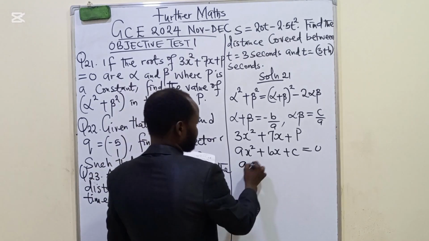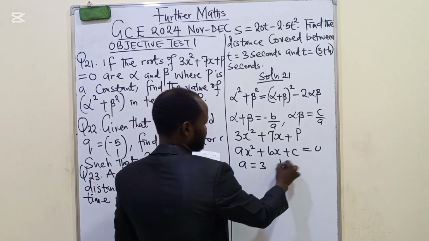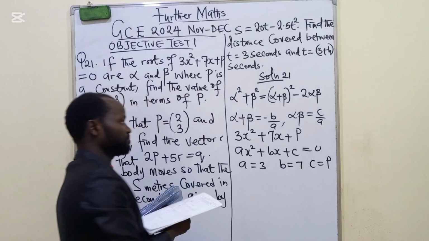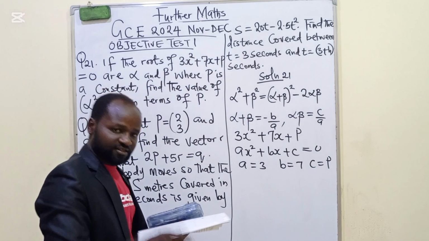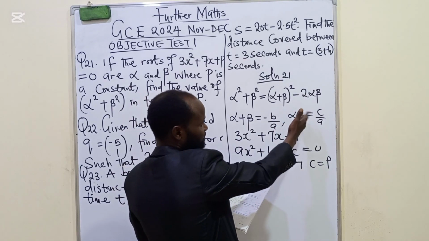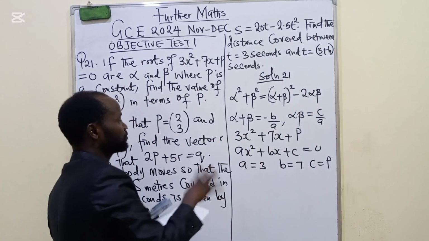So our a here is 3 by comparing, b is 7, the constant c is p. Very important. Then the next thing to do is to find alpha plus beta, then alpha times beta.